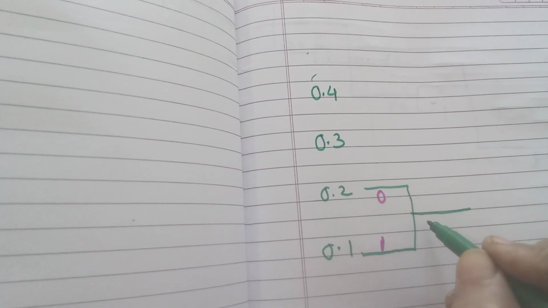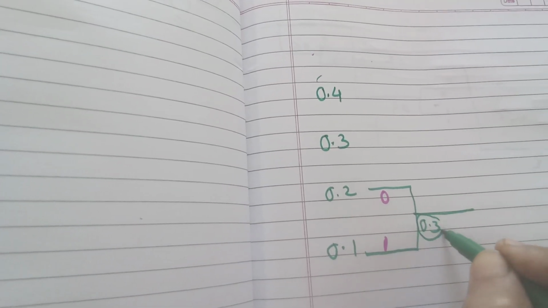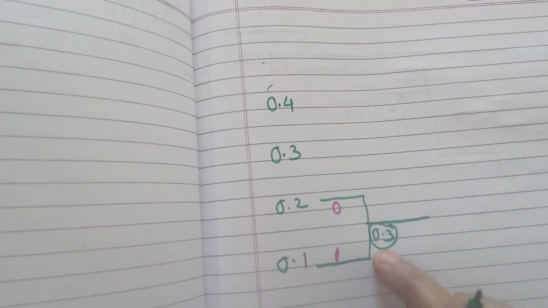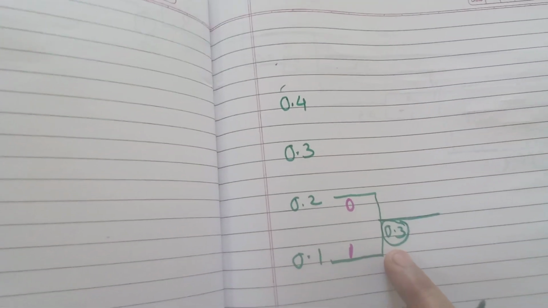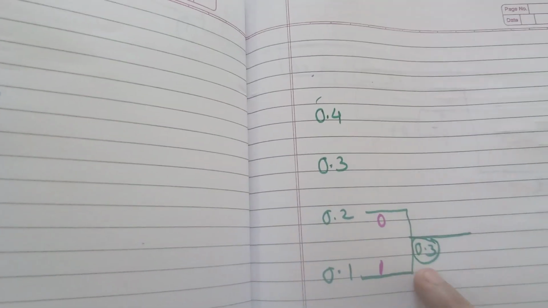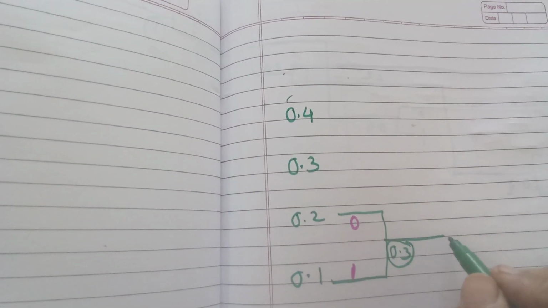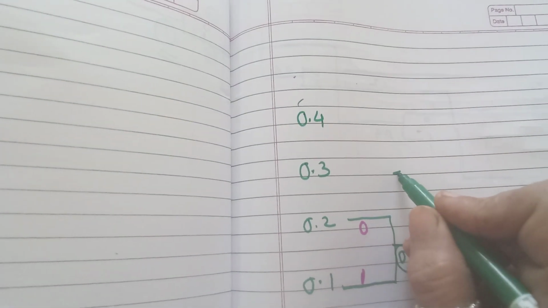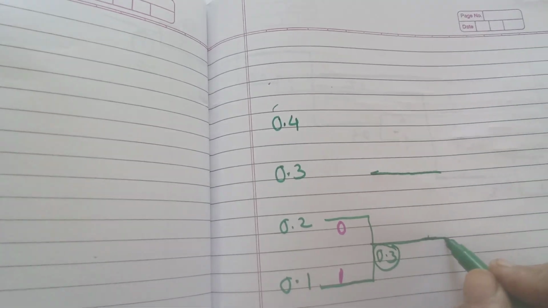Now this addition is 0.3. You circle this addition. Why circle it? Because this 0.3 and this 0.3 are the same, but to understand, this is the probability and this is the addition of 0.2 and 0.1. After that, you take this 0.3 forward up to this point.